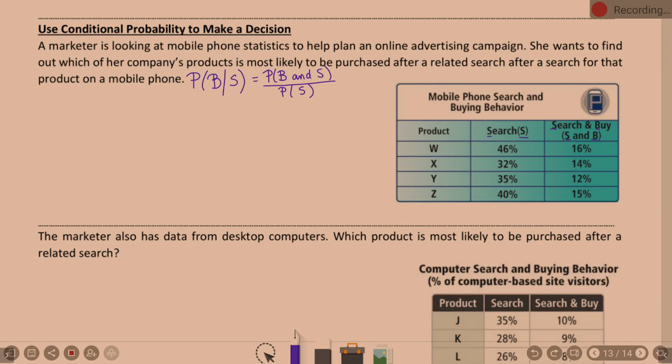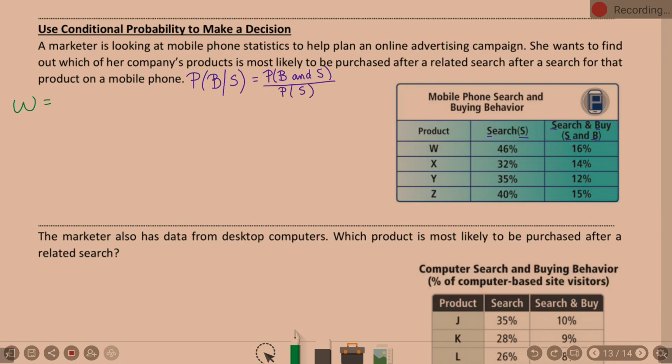Okay? So, let's look at W. I'm not going to rewrite this formula out every time, folks. This is our guideline, right? Let's fill it in. Are we good with that? So for product W, probability of bought and searched. What is that? 16. That is 16%.